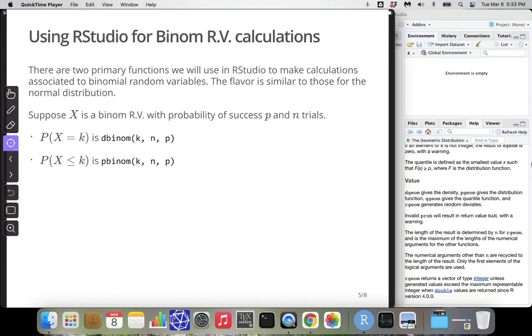Again, pbinom gives us a percentile, so it's the probability of at most k successes out of n trials. And dbinom means the probability of exactly k successes out of n trials.